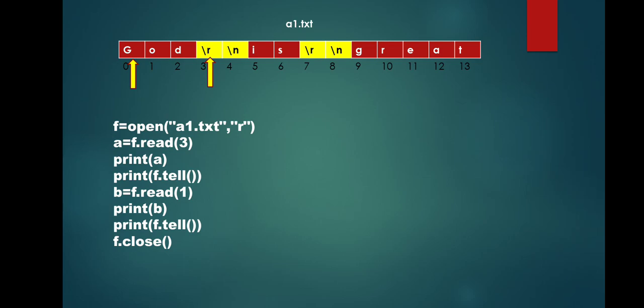Now I read one single character. It will read the combination of backslash r and backslash n, so you can say it is going to read the newline character. So where will the cursor be now? It will be at byte number 5. So see the output: God, then 3, the position, and after that it has read a newline character, so a blank line is inserted, and then the position is 5.